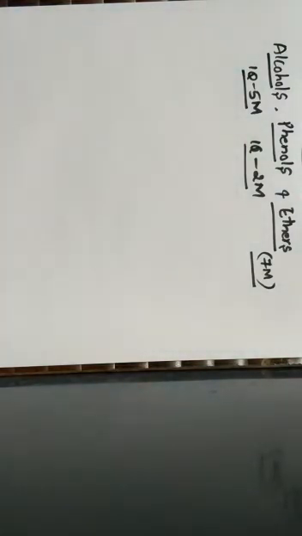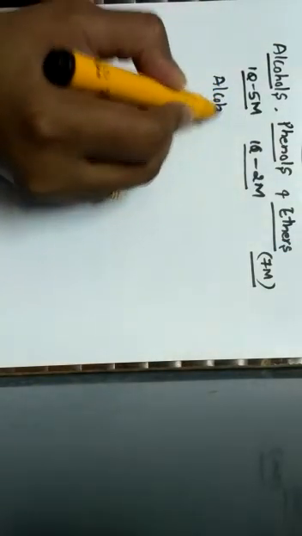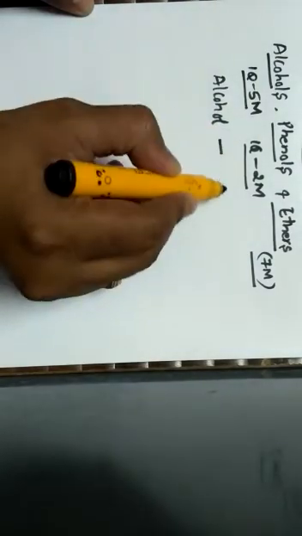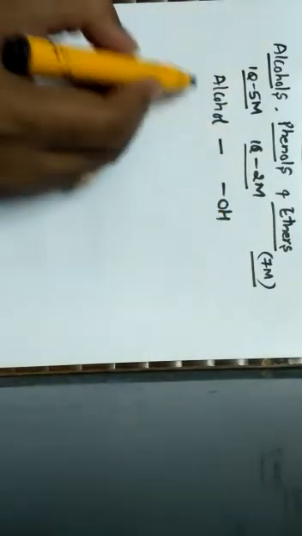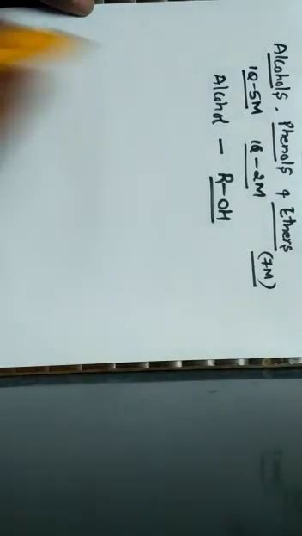So, when it comes to alcohols, phenols, and ethers, the first question arises: why are alcohols, phenols, and ethers all three categorized in one common chapter? When I write the functional group for an alcohol, alcohols are given by the functional group OH, generally represented by ROH.